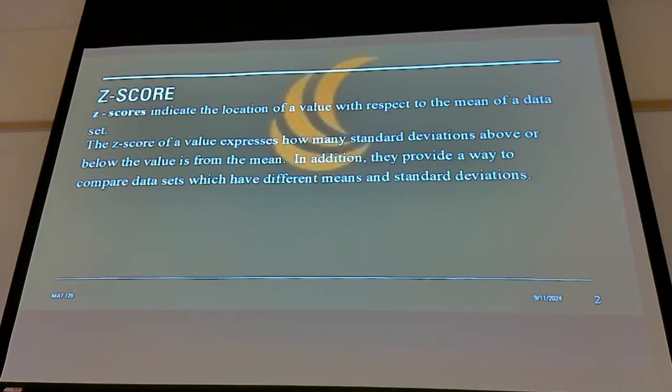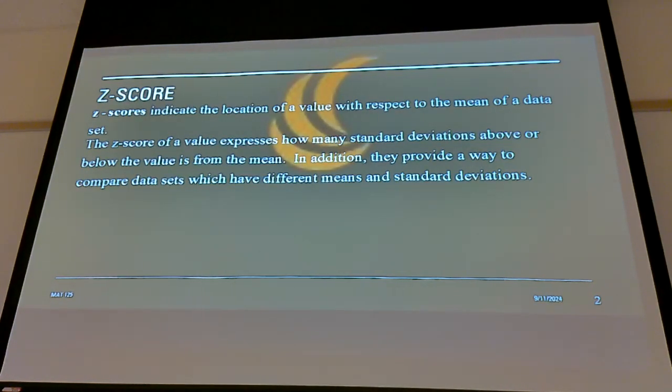It expresses how many standard deviations above or below the mean that the data point is. They also give a way of comparing data sets, two different data sets that have different means and different standard deviations.